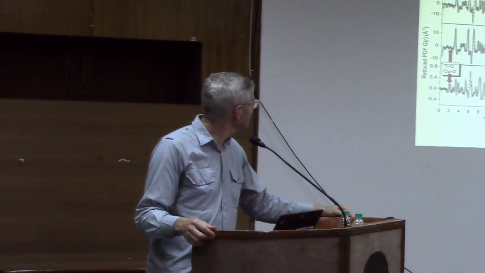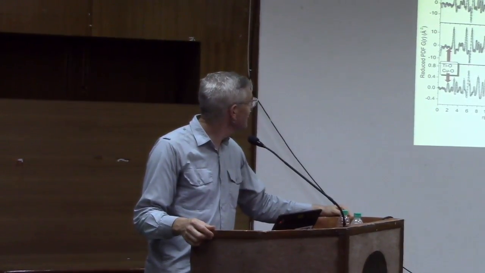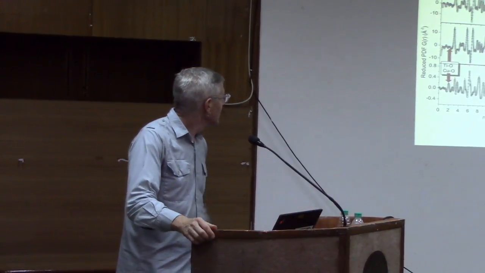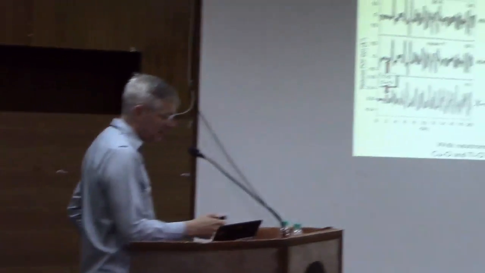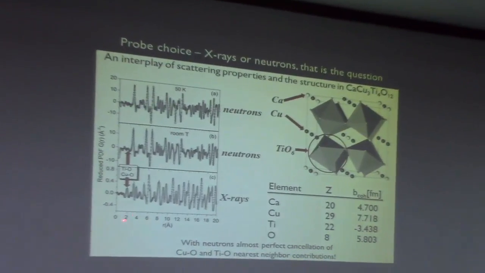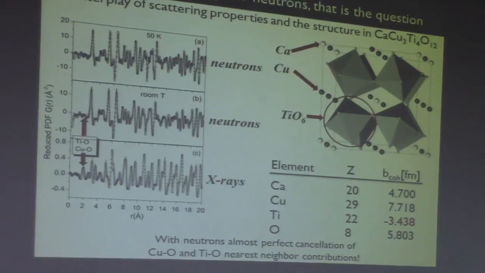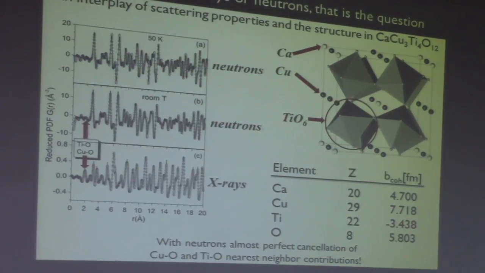The copper oxide bond length in this compound, is it the same as in cupric oxide? Yeah, it's very similar, right? This is two angstroms right there, so it's like 1.95 or something, very, very close.